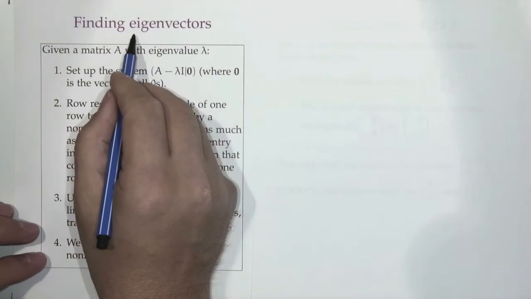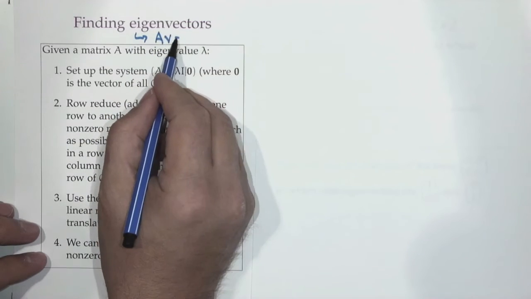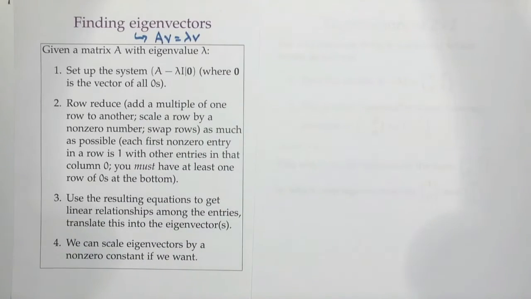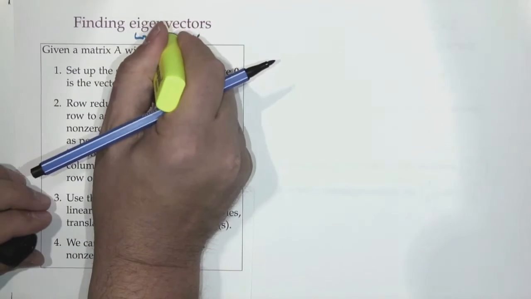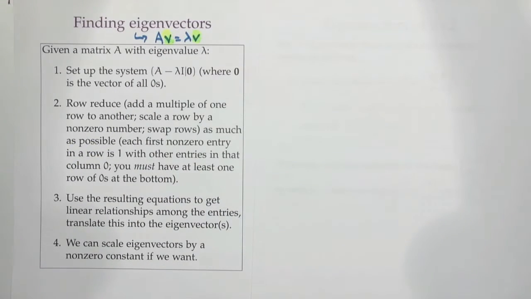An eigenvector is something where A times v equals lambda times v. When we talk about the vector, that's the v part. So we're looking for this special vector v such that when we multiply A times v, it's a multiple of itself.